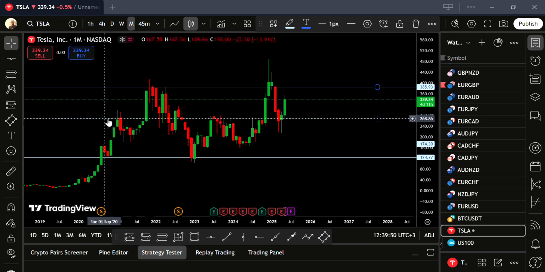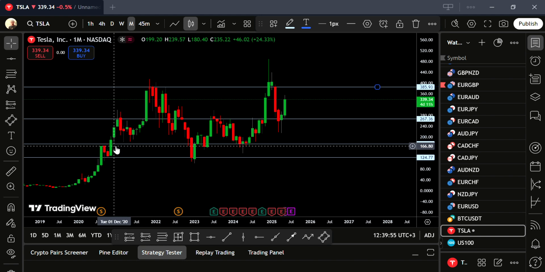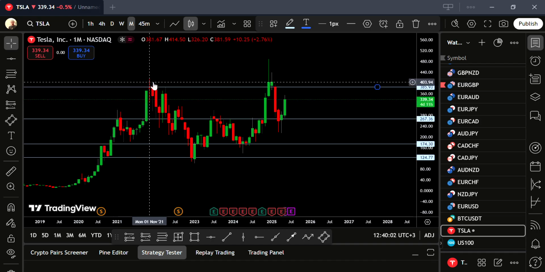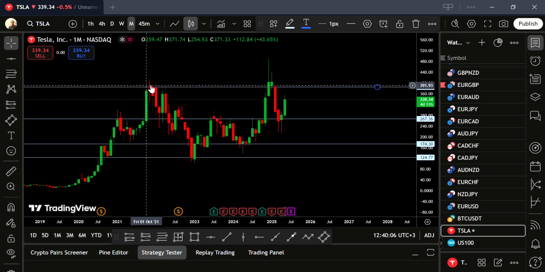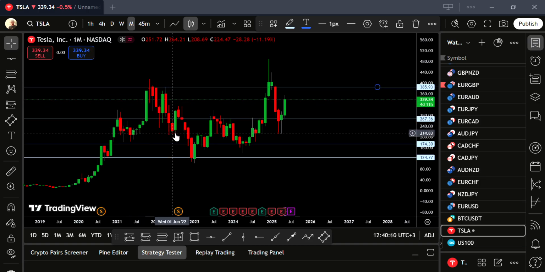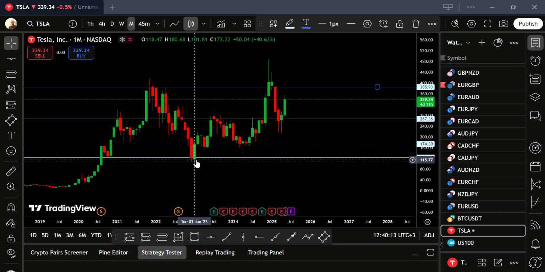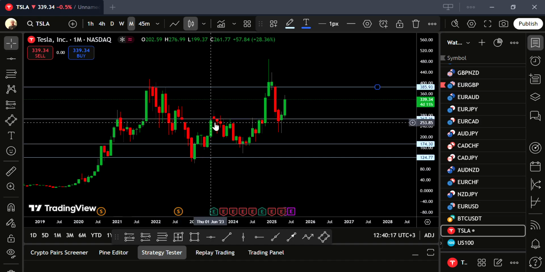You see, when price broke out of this resistance, it came to retest, and then it broke out from another resistance here, came to retest, then went up, came to retest this resistance that's broken here, then still went up to this resistance, rejected, broke down here, went to retest. It broke up of this resistance, retested, went to this resistance, retested.